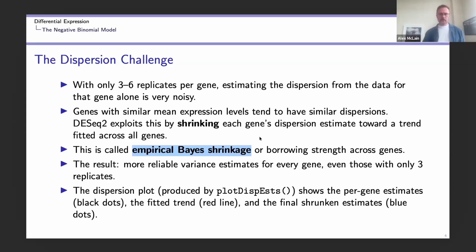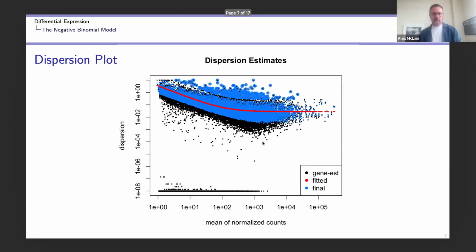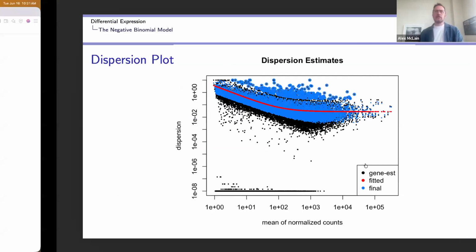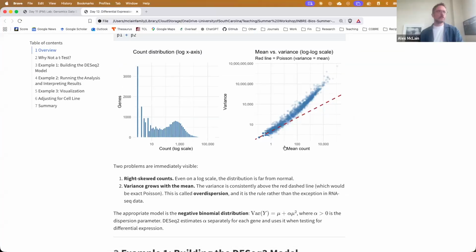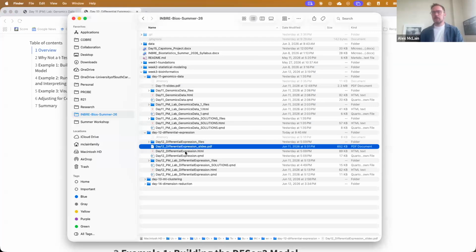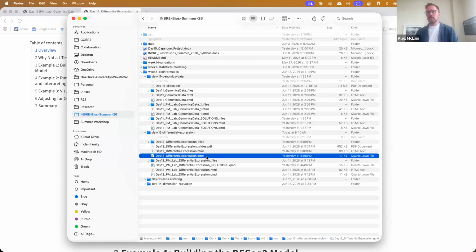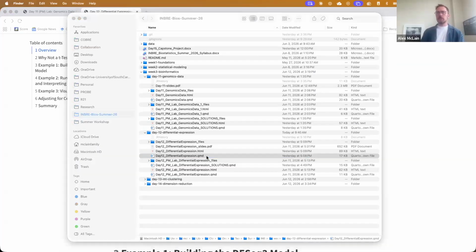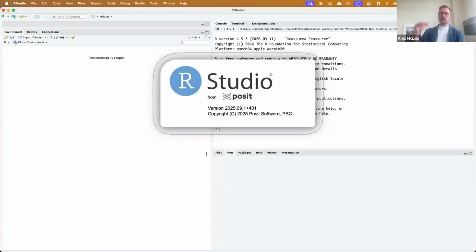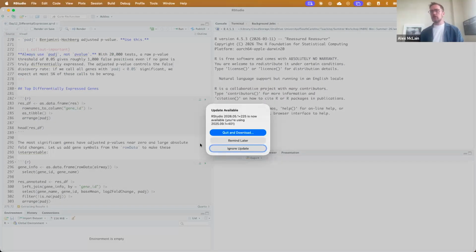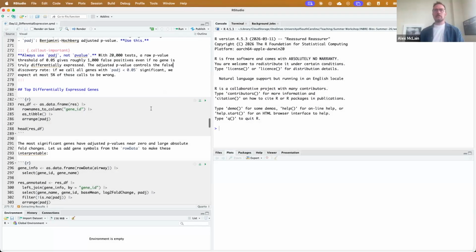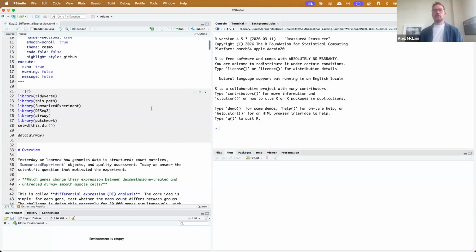We can plot this using the plotDispEsts function. We have this figure right here, but I wanted to look at this in a little more detail. So I'm going to pull up this day 12 differential expression .qmd file and run this in RStudio so we can look at this.